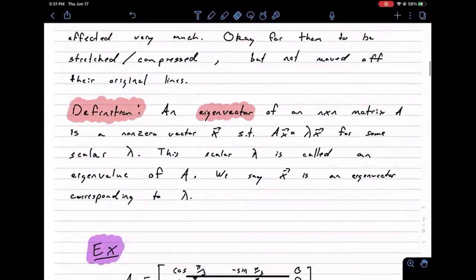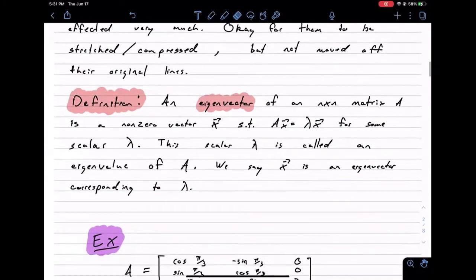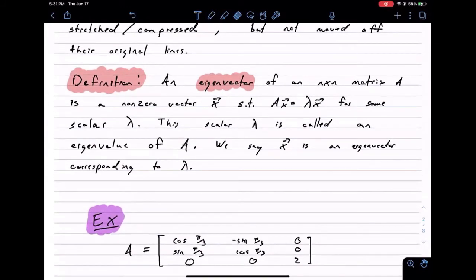And these things we're going to call eigenvectors. So this is our formal definition. An eigenvector of an n by n matrix A is a non-zero vector x such that A times x is equal to lambda x, for some scalar lambda.